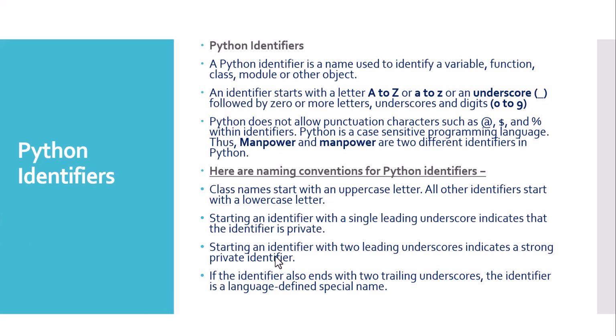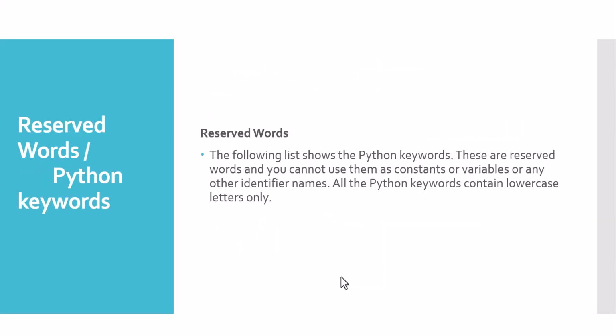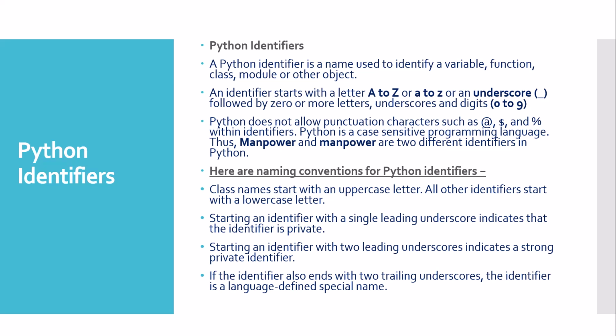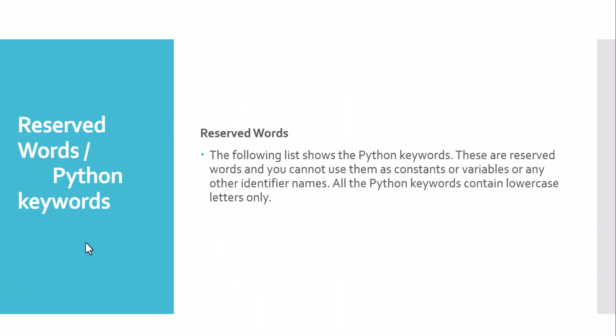And the next one: if the identifier also ends with two trailing underscores, then the identifier is a language-defined special name, meaning that identifier is defined by the language, by Python. Okay, so we will see one or two examples, then we will move to the reserved words.